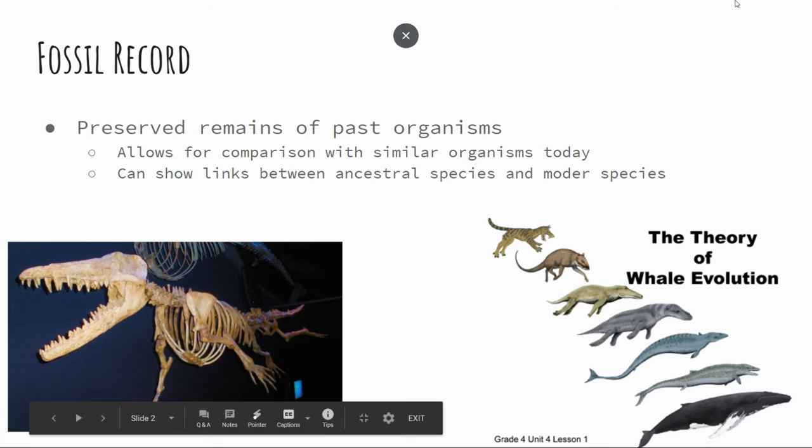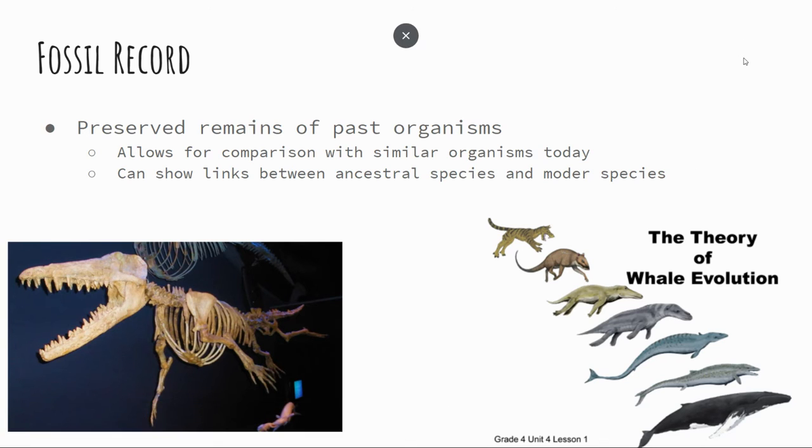So the first thing scientists use to look at is fossil records. Okay, so we could take fossils that have been discovered, found, and archived, of the remains of other animals and plants from other time periods, and we can compare and contrast skeletal systems and other things that are kept in the fossil records to current animals.